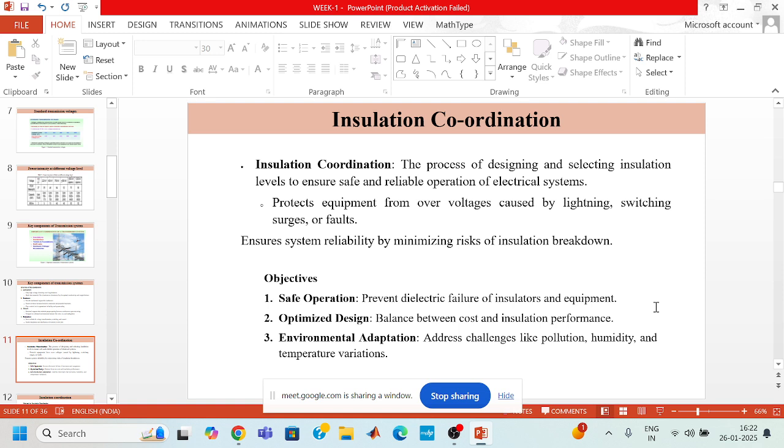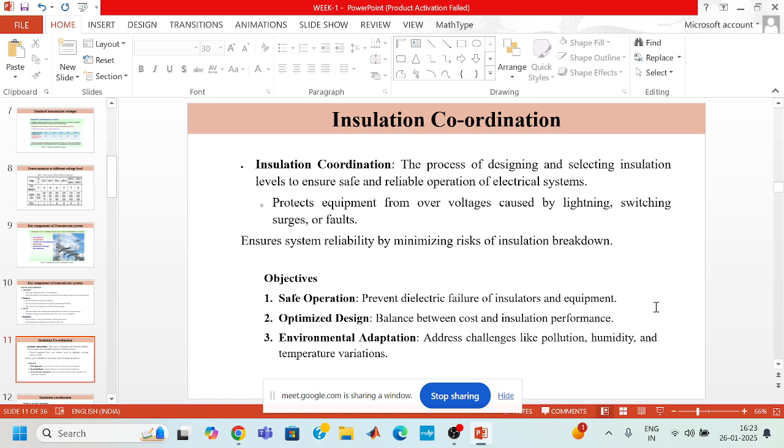Insulation coordination is the process of designing and selecting insulation levels. That means at what criteria you are selecting the insulation levels to ensure safe and reliable operation of electrical systems. It protects equipment from overvoltages caused by lightning, switching surges, or any type of faults, and it ensures system reliability by minimizing the risk of insulation breakdown.